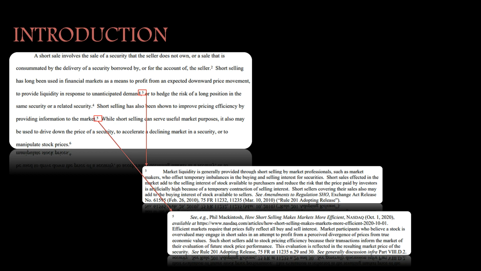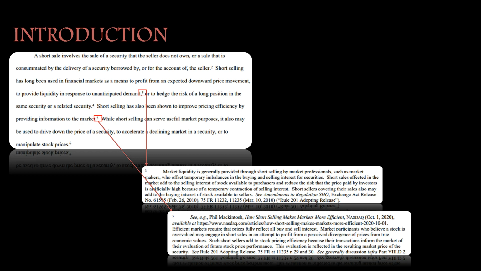Footnote 5 refers you to another cited work by Phil McIntosh from NASDAQ, October 1st, 2020. Their website is available there if you want to look at that. I'll link it in the description. It says that efficient markets require that prices fully reflect all buy and sell interest.